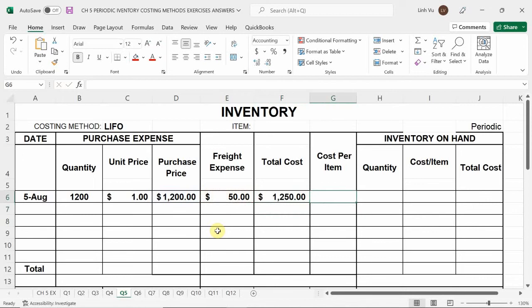1,250. Okay. Now, because we're using LIFO, I have to calculate my cost per item because I have to keep my batches separate once again.